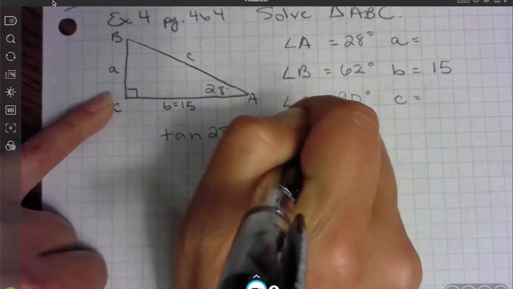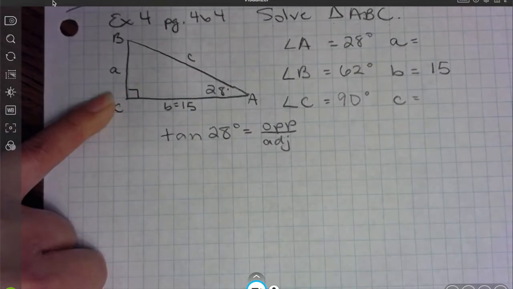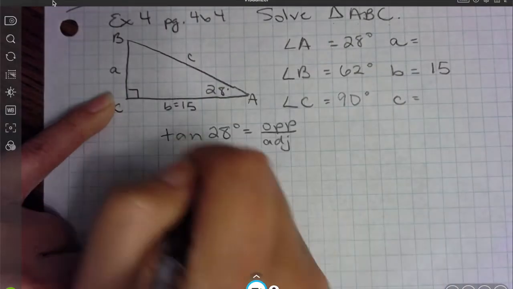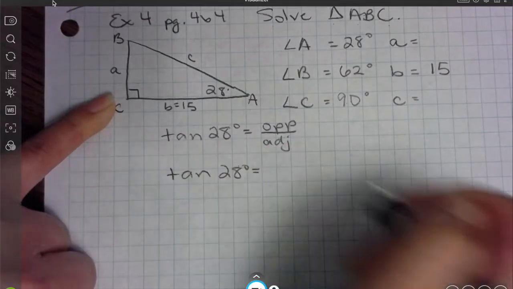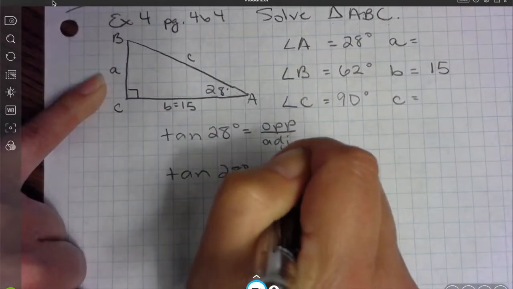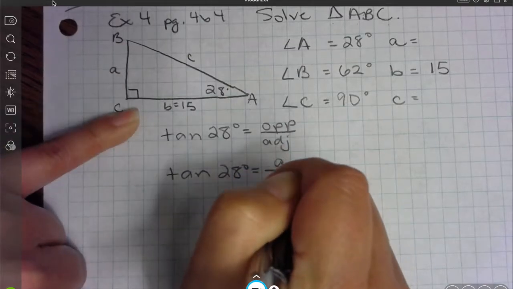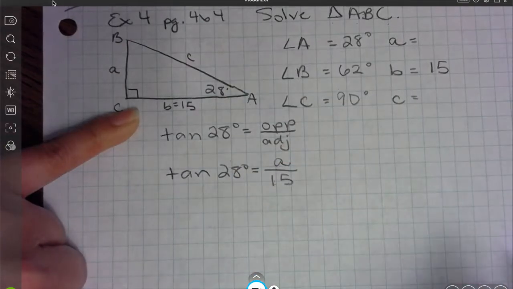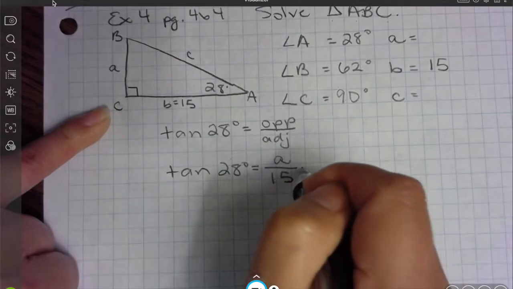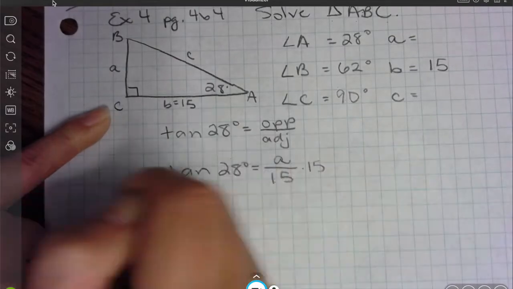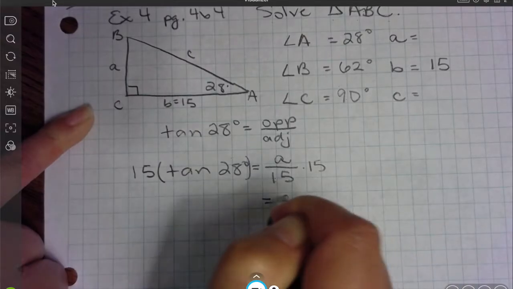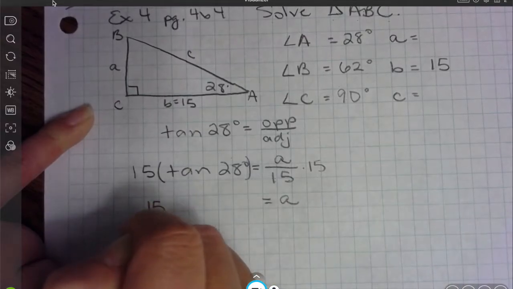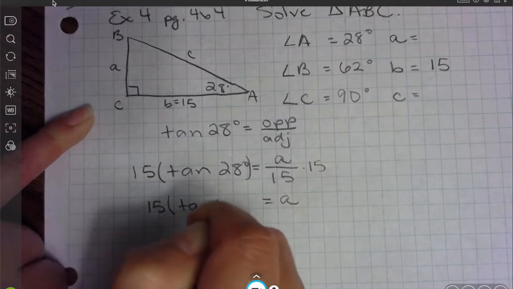So let's just write down that formula so we know it. All right, now let's plug everything in. Tangent 28 degrees is opposite, which is lowercase a, over adjacent, which is 15. Okay, I want to solve for a. Multiply both sides by 15. So a is going to equal 15 times tan 28.